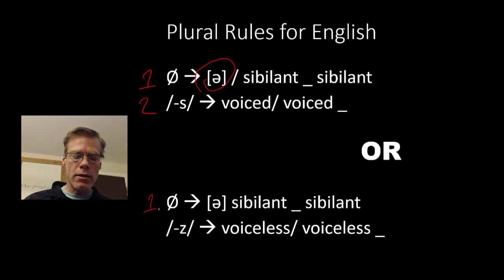But again, we need to make sure that we order that before our devoicing rule that would take that z and turn it to a voiceless sound immediately following a voiceless sound. All right, so in both cases, we have some sort of assimilation process going on where that plural morpheme becomes more similar to a neighboring sound.